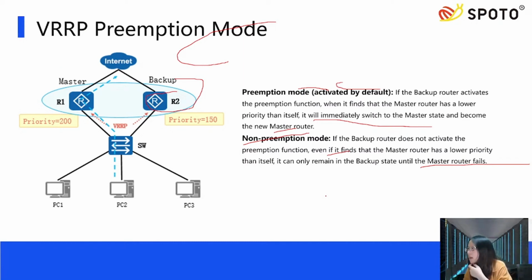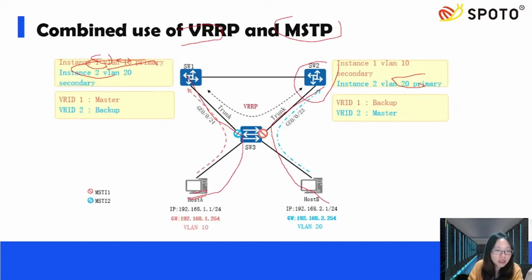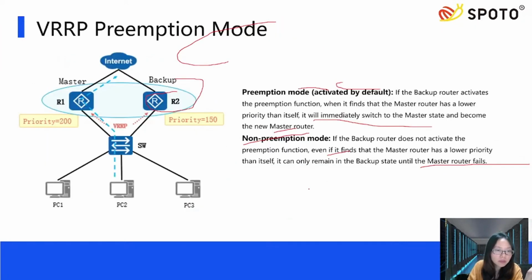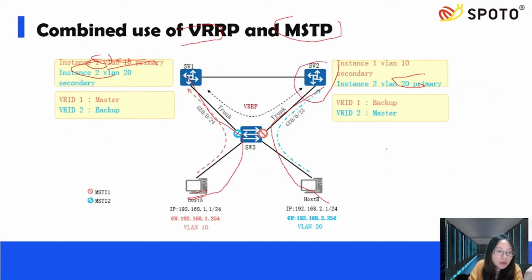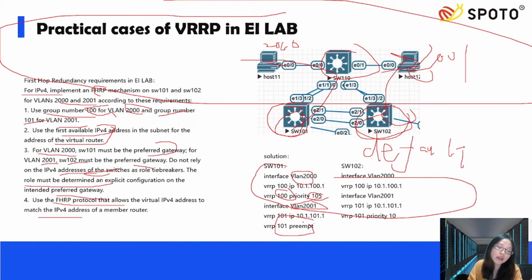The default priority is 100, but I just told you the preemption is active by default. So we also no need to configure this command because it is the default command in VRRP.